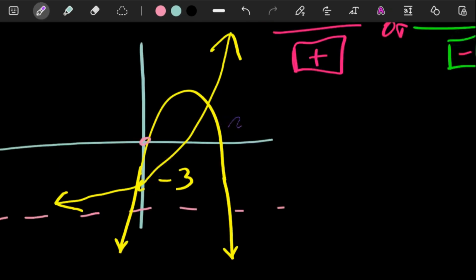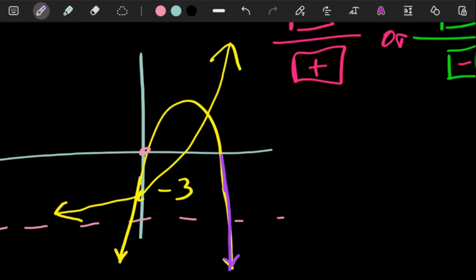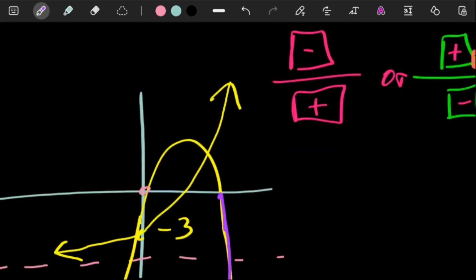If you look here, this has negative y values going all the way to infinity. This is at positive 3. So where the x value is also 3, you can see that this has positive y values, and this has negative y values.